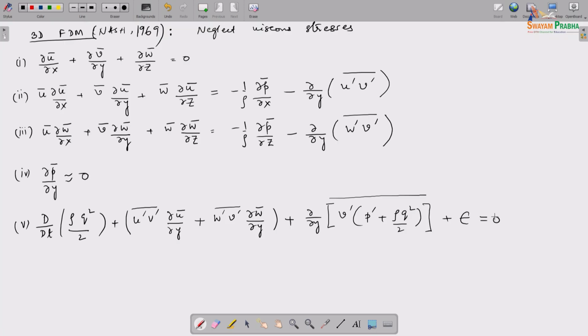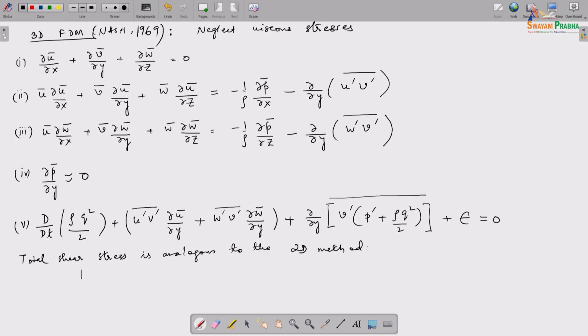Now the total shear stress is analogous to the 2D method. So in the method of Nash, the total shear stress is analogous to the 2D method.